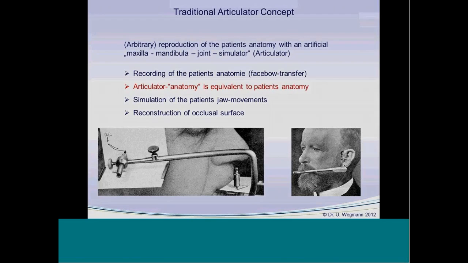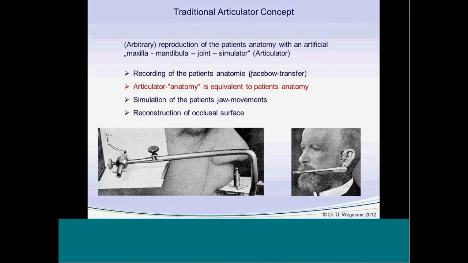Now, let me explain in short what's the difference between the traditional concept we have used for more than 150 years for mechanical registration systems and the Arcostigma system. With the traditional articulator concept, we record the patient's anatomy, for example, with the facebow transfer and the distance between the teeth and the joints.